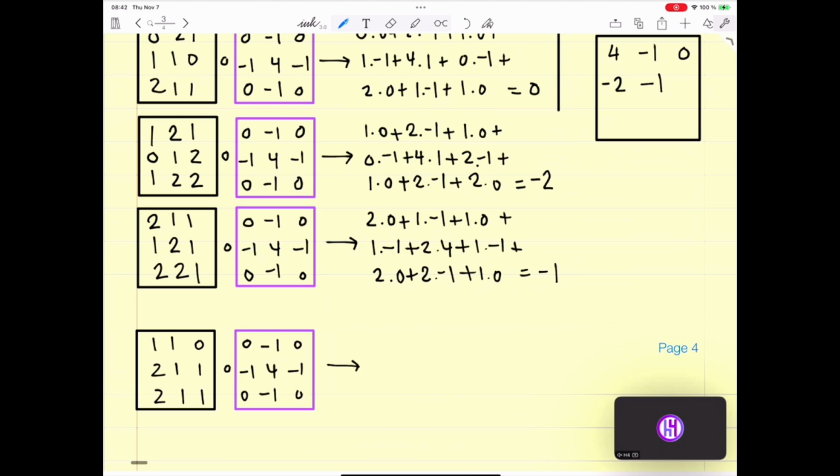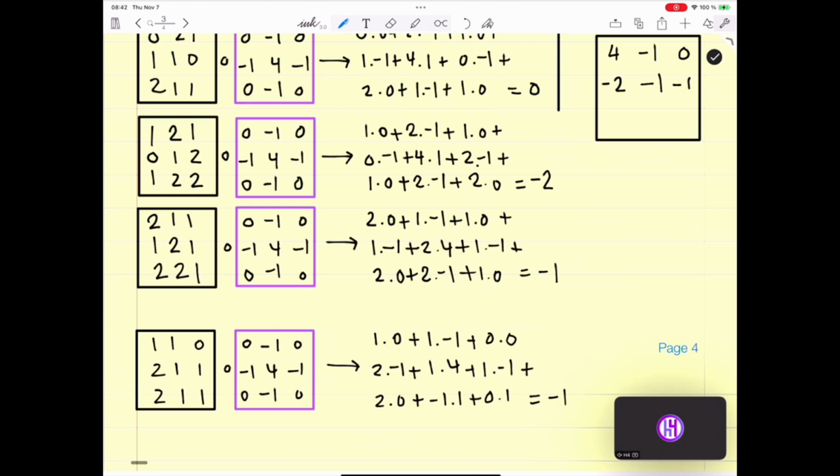I mean, it's always the same. I hope you are getting the point. I am going to finish the example just for the sake of completeness, but it's always the same. Minus 1, minus 3, 1, 0, minus 1.